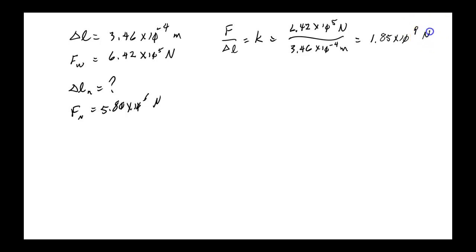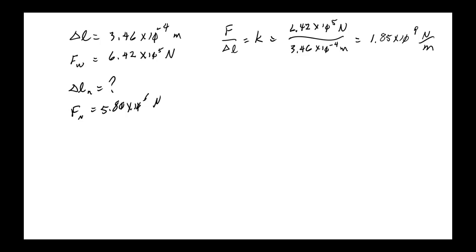And that will be newtons per meter. You talk about a big Hooke's law constant. There is one, because this is a column supporting a building or something like this. Okay? So that's a huge constant. 1.85 times 10 to the 9th newtons per meter.